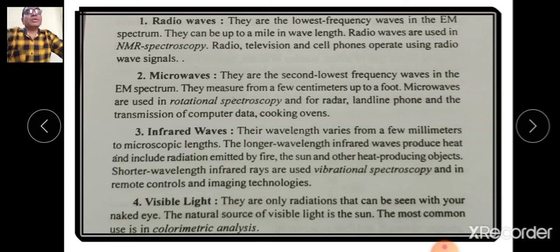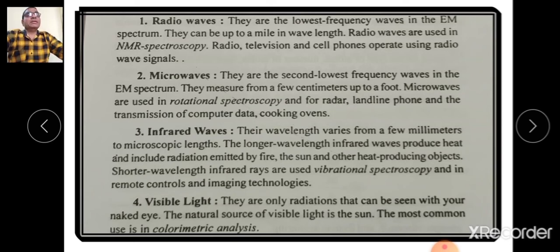The microwaves are used in the rotational spectroscopy. They are also used in the radar, then landline phones, the transmission of computer data, and the purpose of cooking, that is in the cooking ovens, microwaves are used.